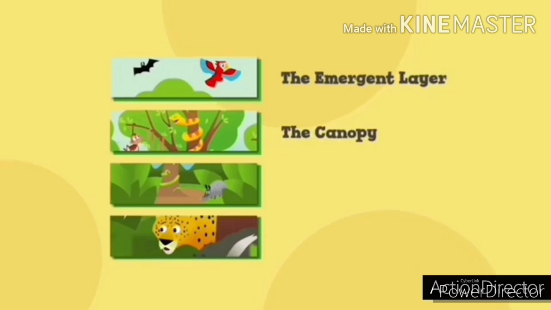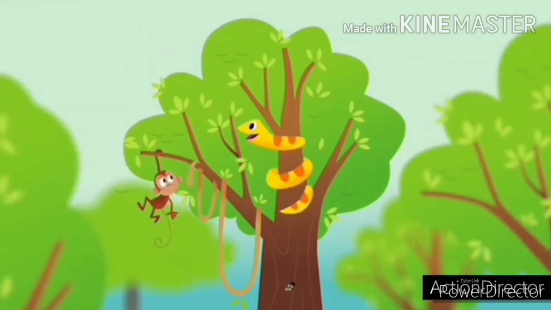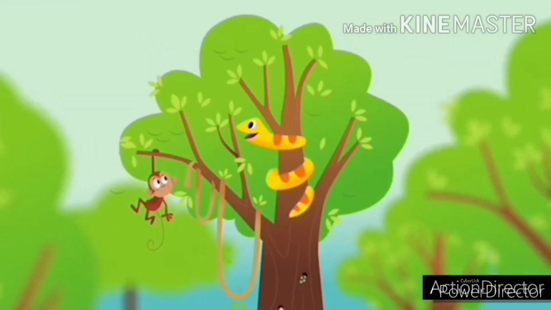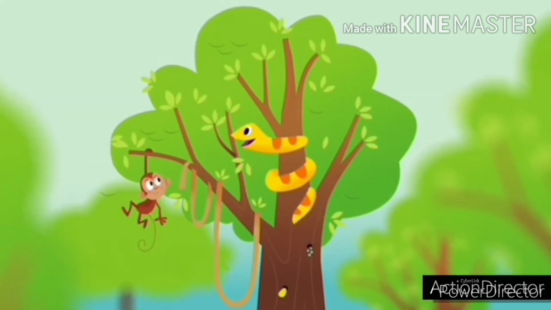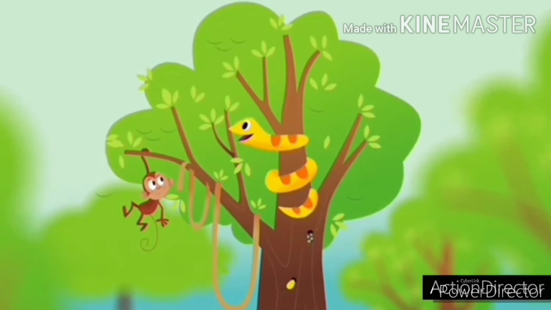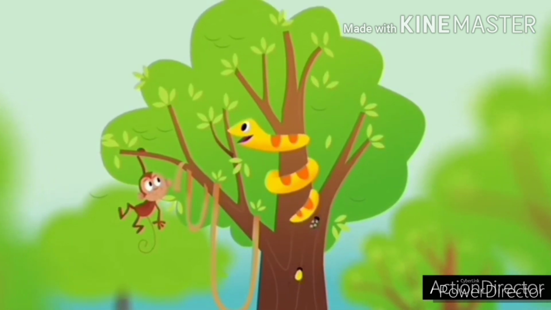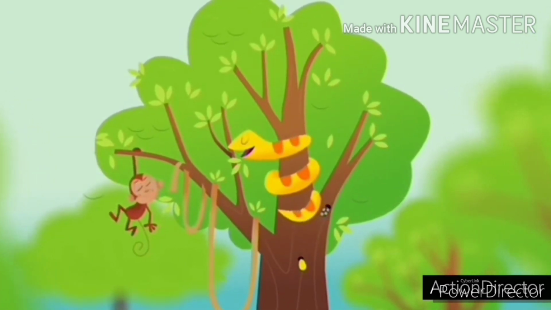The next layer is the understory layer. This layer is below the canopy layer. The plants don't grow more than 3 meters.